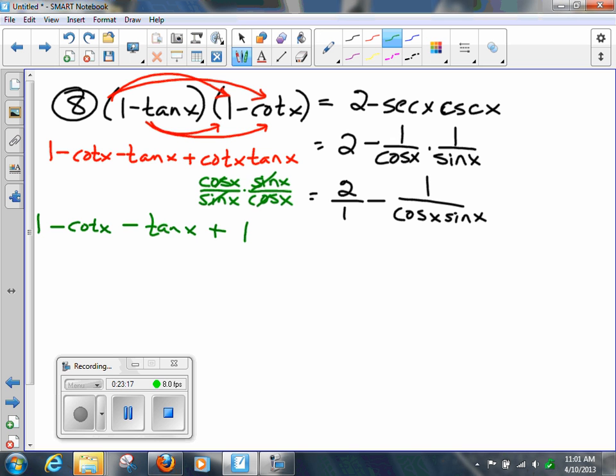What else is getting ready to happen on this left side? I'm going to combine my terms. My 1's right there. So I have 2 minus cotangent x minus tangent x. Change these to their reciprocals or their quotient identities. Okay?